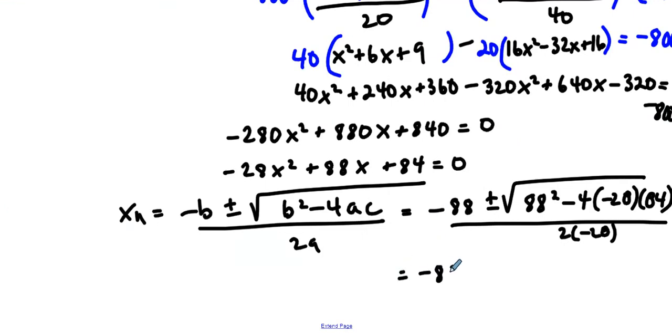Almost done. All of this should give you, let's check how to do this part, 88 squared minus 4 times negative 28 times 84, the square root of 17,152.